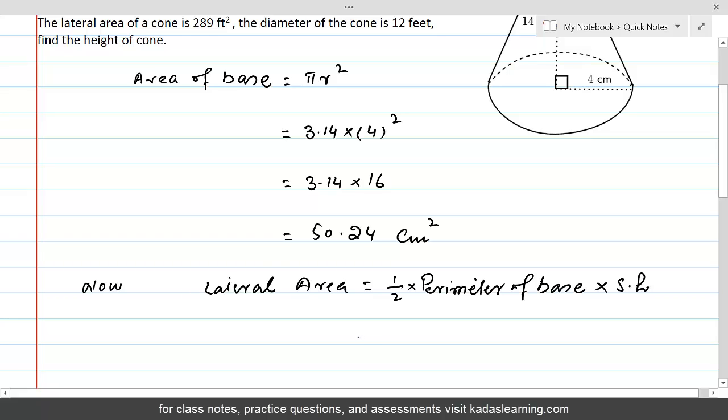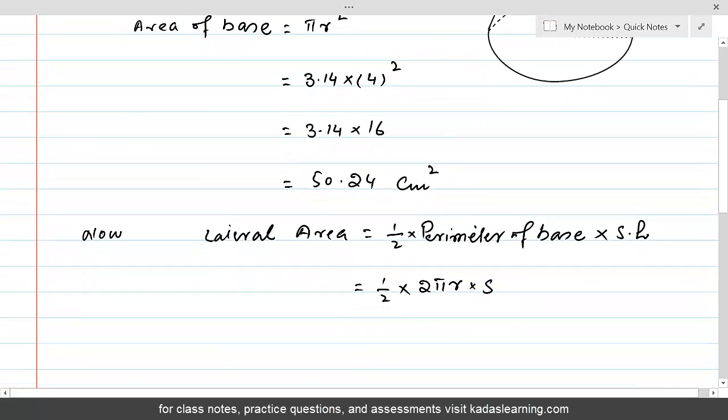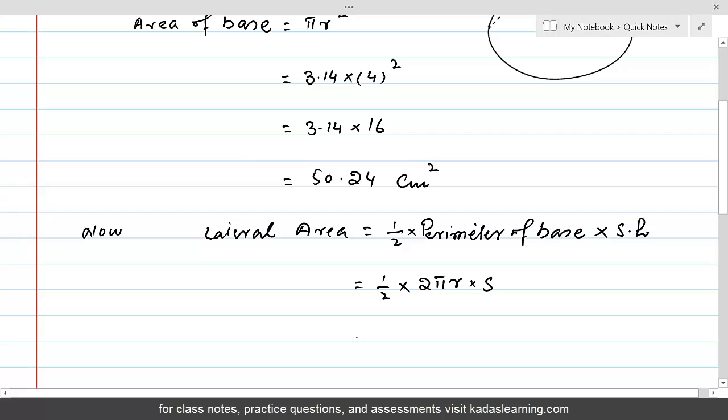But what is 1/2 times perimeter of the base? That is 2 pi r. 2 pi r, we know what r is and we know the value of pi, but the slanting height, which is usually represented by s, is not given here. We need to find it.